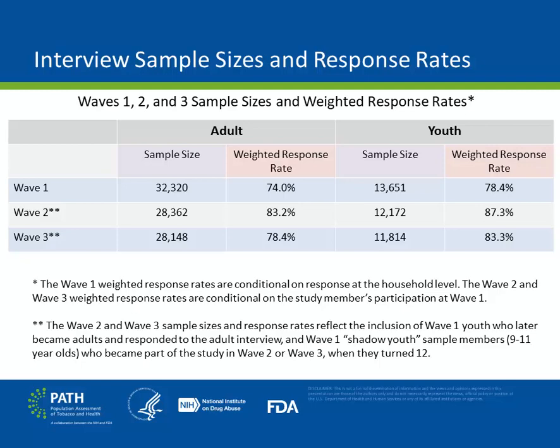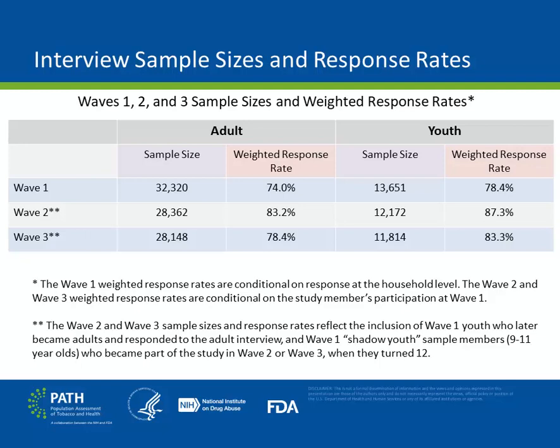Please note the Wave 1 weighted response rates are conditional on response at the household level. In the second row, corresponding to Wave 2, the adult sample size was 28,362, and the weighted response rate was 83.2%. The youth sample size was 12,172, and the weighted response rate was 87.3%.